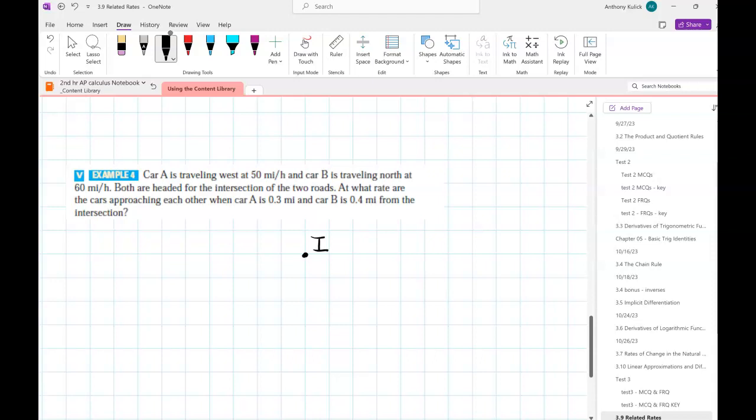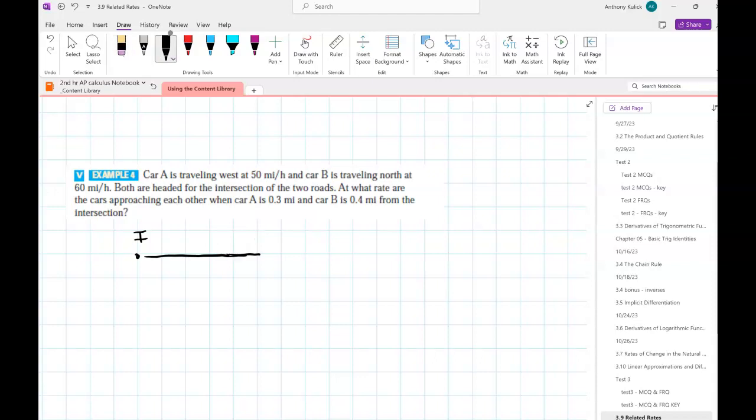So let's draw ourselves a picture. Here's my intersection. Actually, let's put it over here because we're traveling west. That's west.